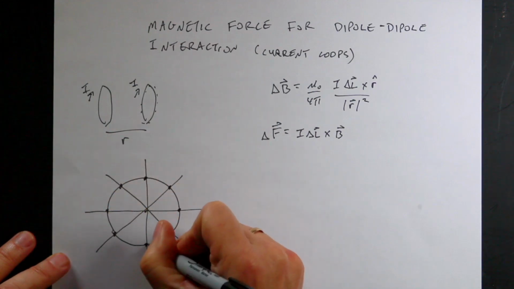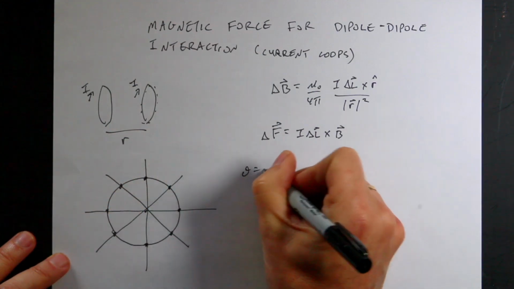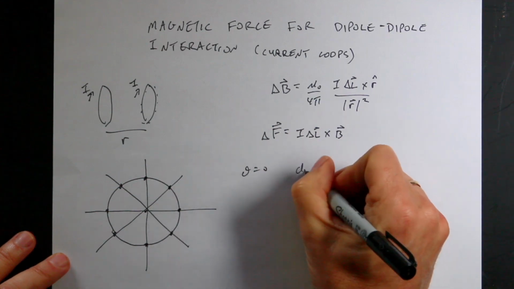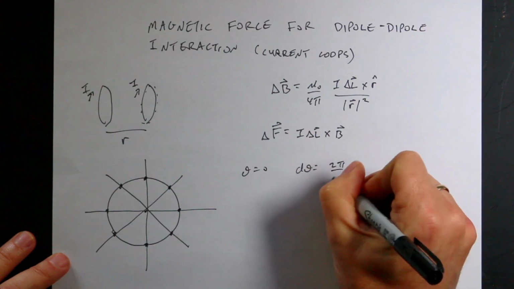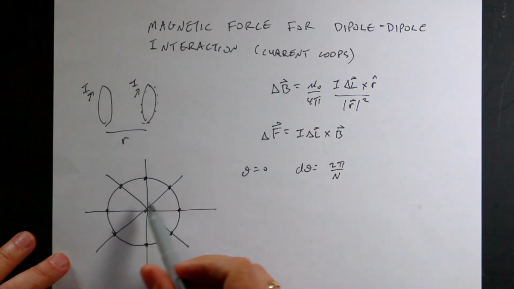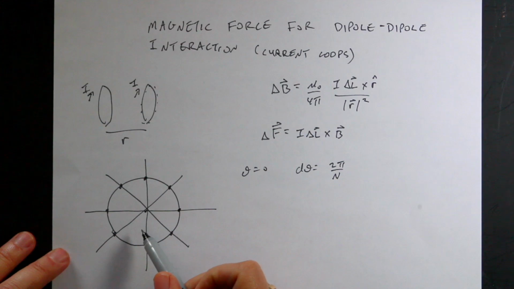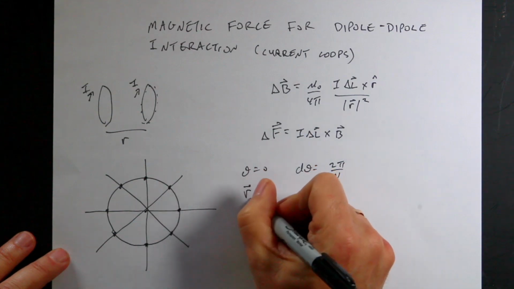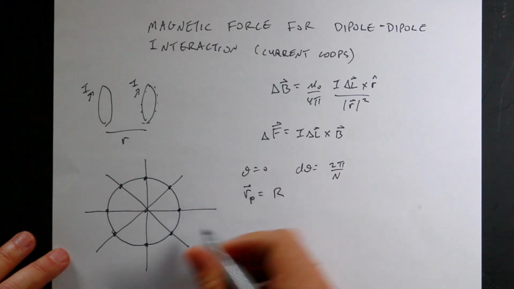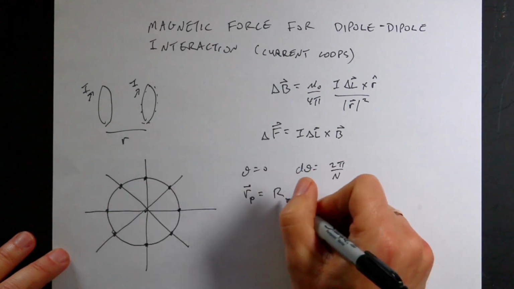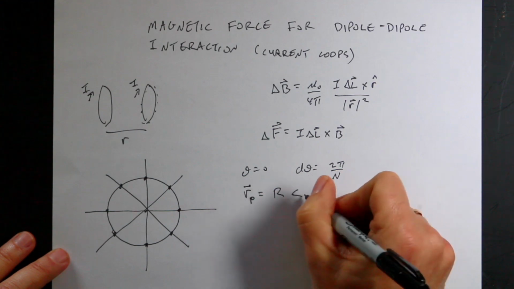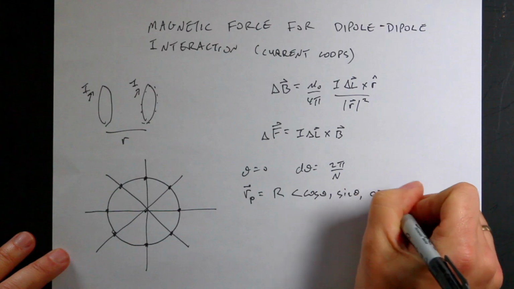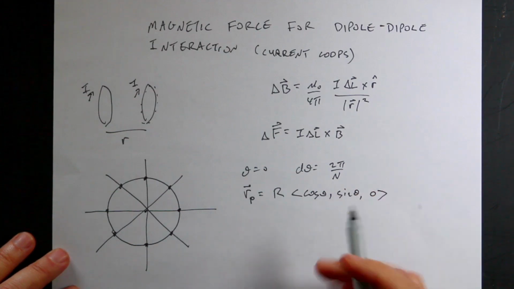So one thing I could do is say theta equals 0. That's the location of that piece. d theta is going to be 2 pi over n if I break it into n pieces. That's the theta step size. And then I can find the location, let's call this R piece, which is going to be the radius of the circle, capital R, times the vector cosine theta, sine theta, 0. This would be in the xy plane, but we can change it up.